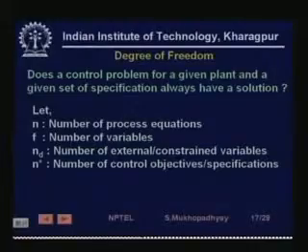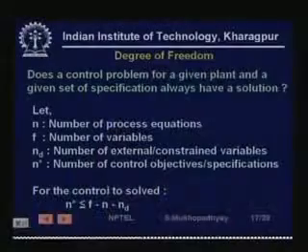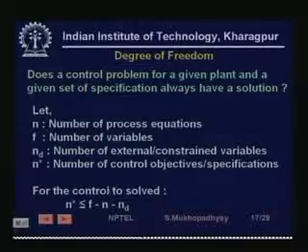Sometimes they are externally coming, just like I said, some flow of some feed. And if n star is the number of control objectives or specifications, typically we are talking of steady state objectives, so something should be maintained at this value constant. This is one control objective. So if you have n star such objectives, then the degree of freedom is typically f minus n minus nD.